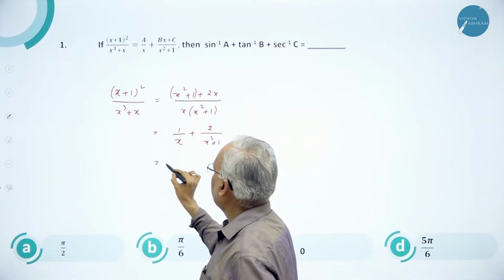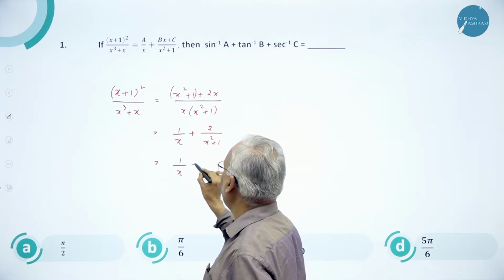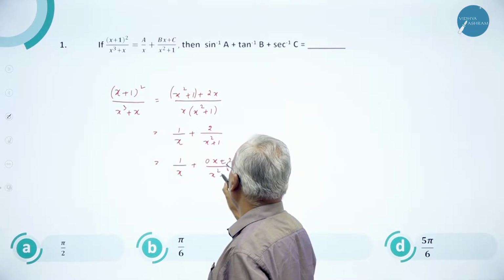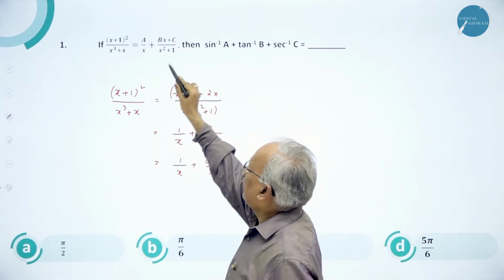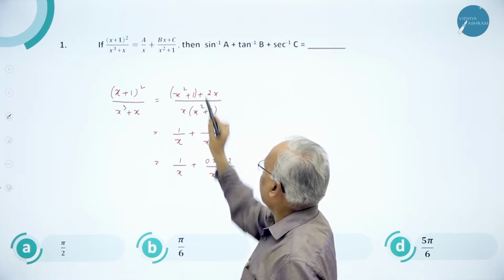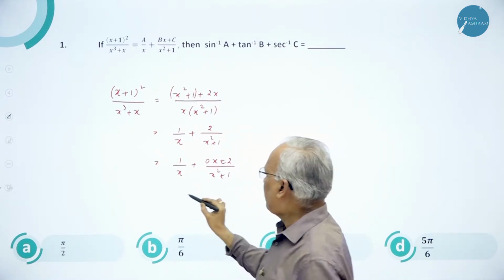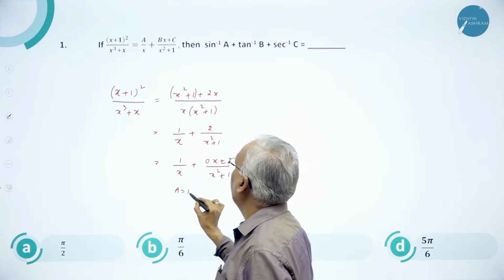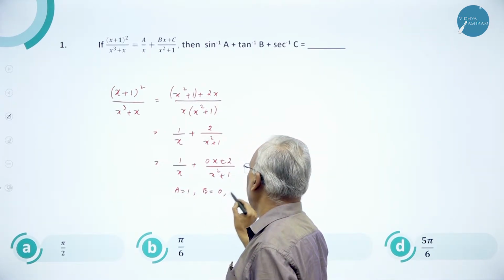Now this is equal to 1 over x plus 0 into x plus 2 divided by x squared plus 1. It is just to compare with this right hand side, a by x plus bx plus c divided by x squared plus 1. So obviously comparing with that, you get a equal to 1, b equal to 0 and c equal to 2.